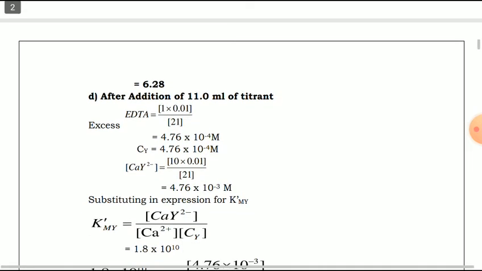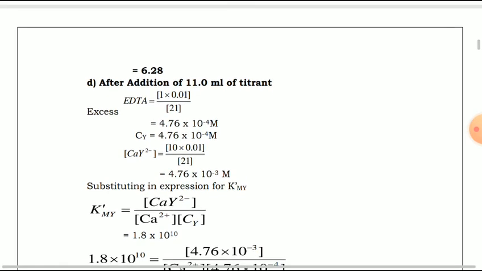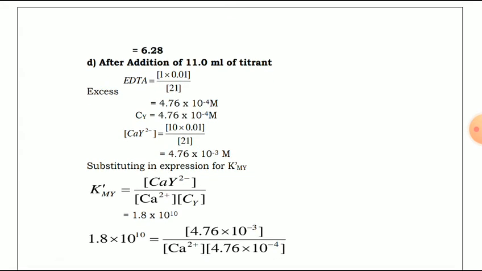We will get the value 1.8 into 10 raised to 10, equal to 4.76 into 10 raised to minus 3 upon the concentration of calcium 2+ into 4.76 into 10 raised to minus 4.